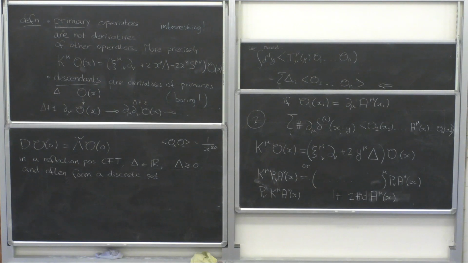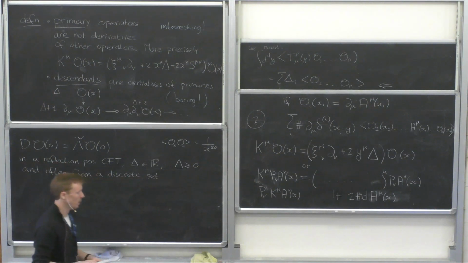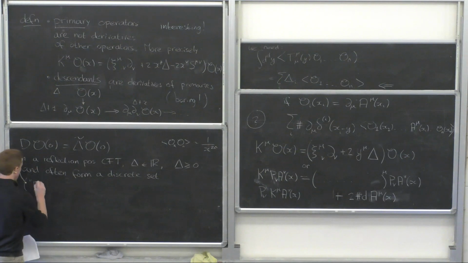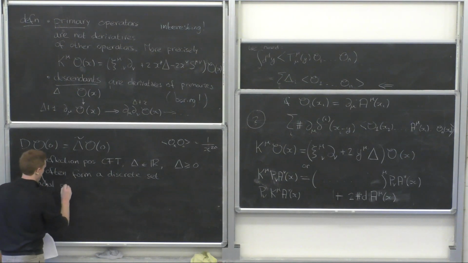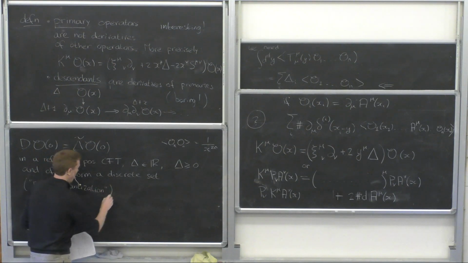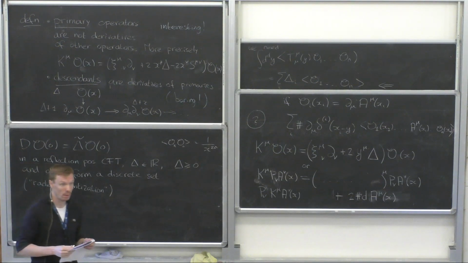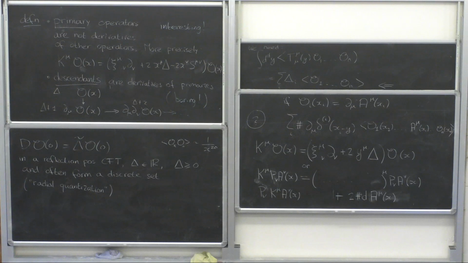It follows, for example, from the fact that the dilatation operator generates rescalings, but there's this map from the plane to the cylinder, which tells you that the dilatation operator is also the Hamiltonian for the conformal field theory on a cylinder, and this is called radial quantization. And that's what you have to learn. If the dilatation operator is a Hamiltonian in a reflection positive quantum field theory, it better have a real spectrum bounded from below. So that is one.